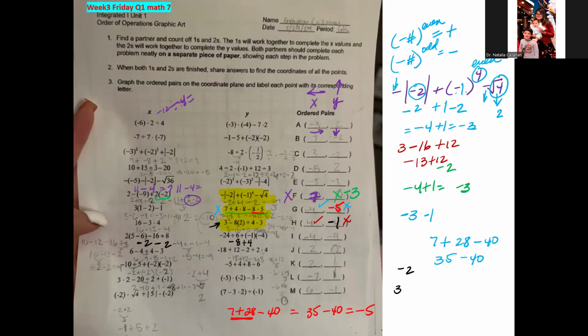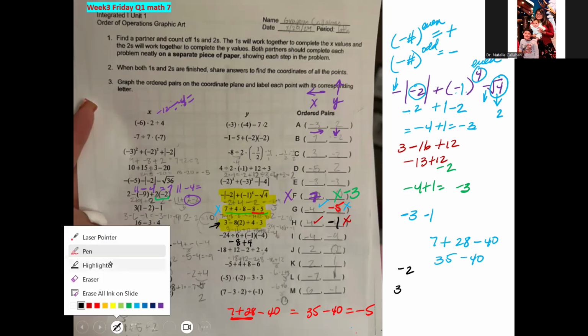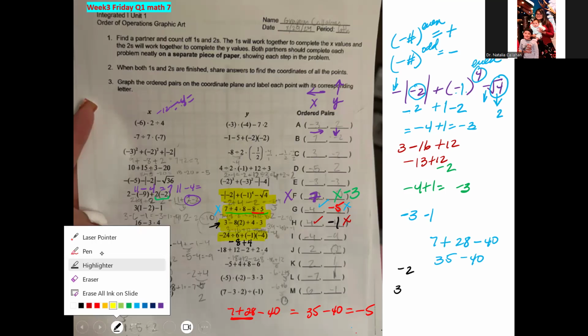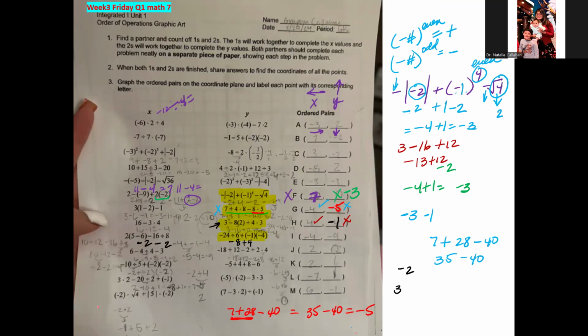Okay, we're on I. I want you to look at I, Y. That one's incorrect. Explain to me what you would do in that case. What do you do first?